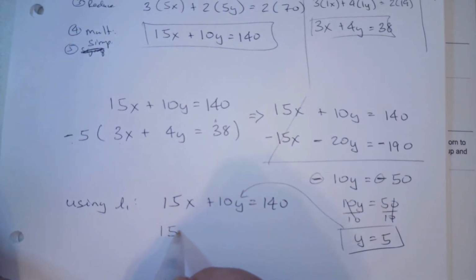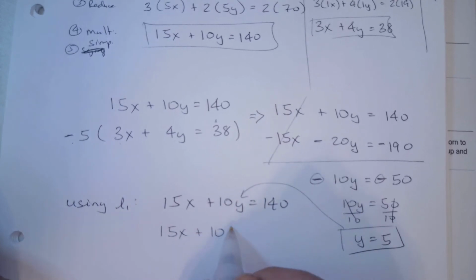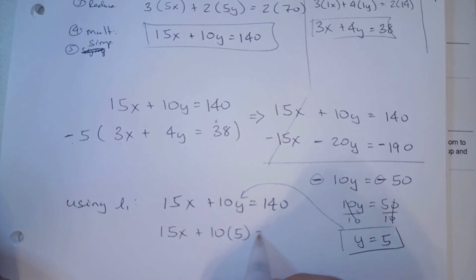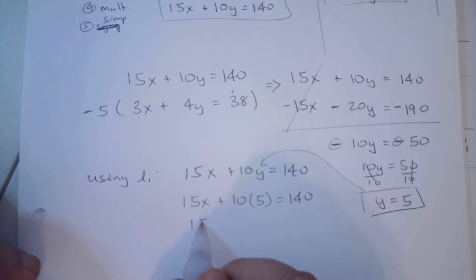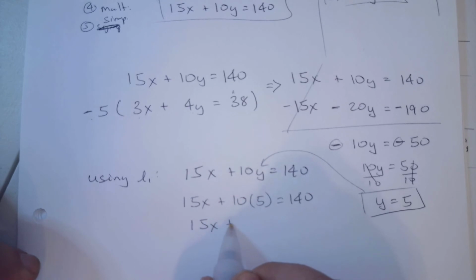So I have 15x plus 10 times 5 equals 140. Solve for x. 10 times 5 is 50.